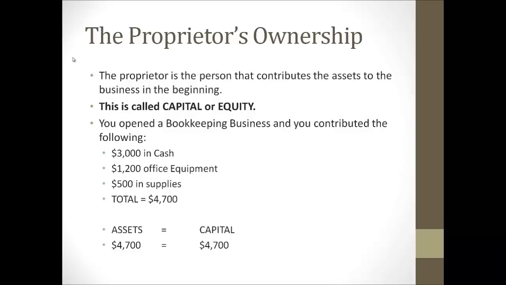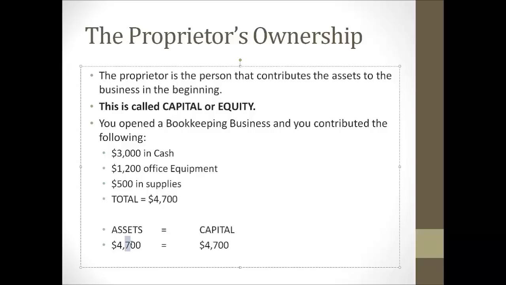In this case, if the business makes money, and let's say that the business all of a sudden has $4,900 in assets, that means that the capital in the business is also $4,900. Keep in mind that this is an equation, and this means that whatever number is here must be the same here.